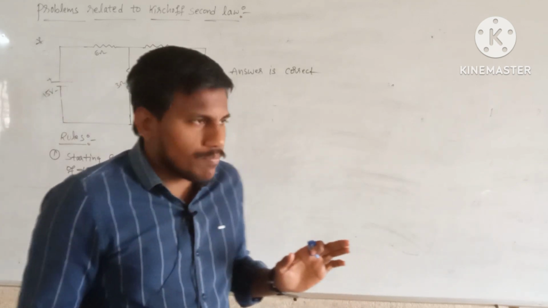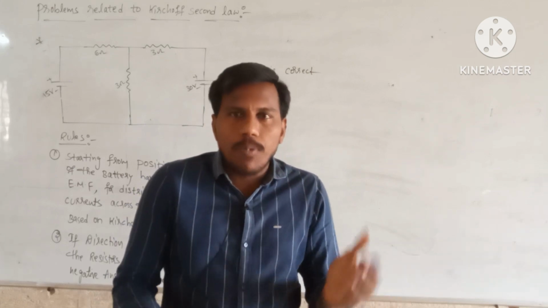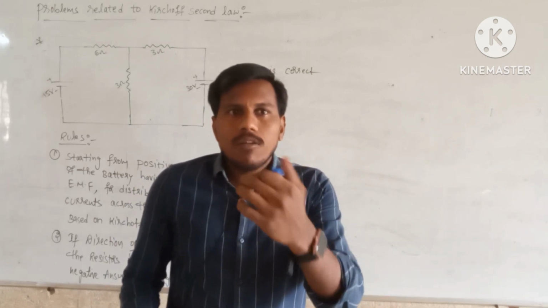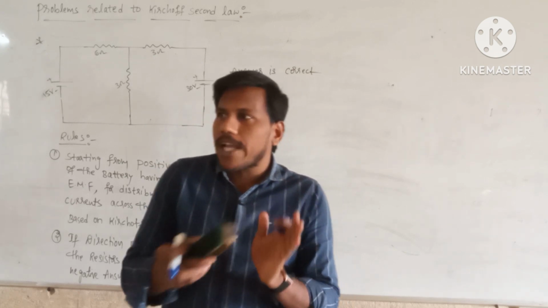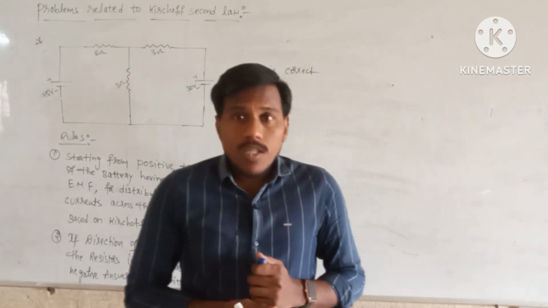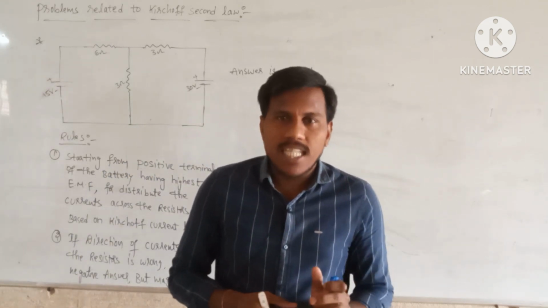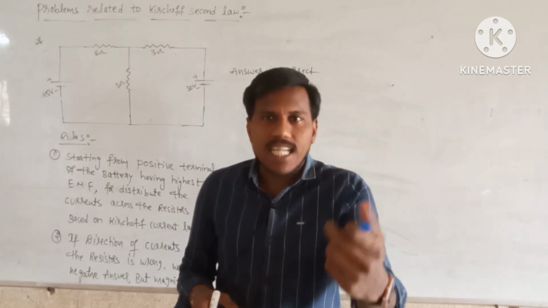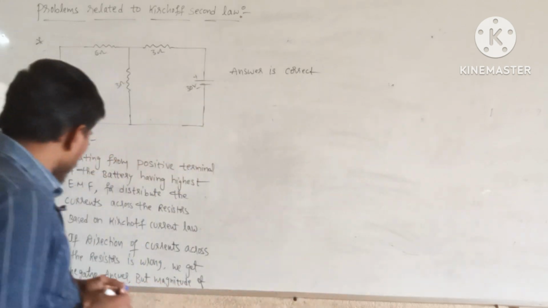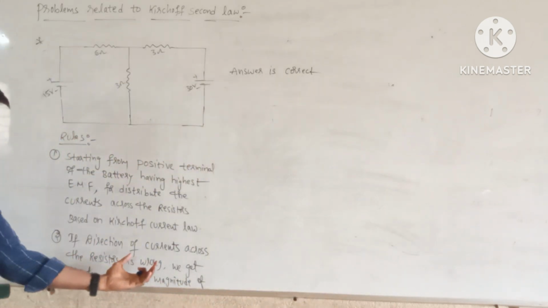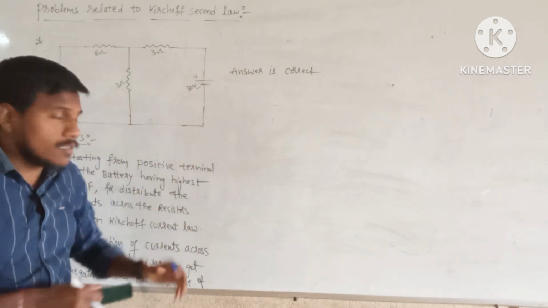For example, in one path 5 amperes current is flowing. If the direction of current is wrong in the given path, we get minus 5 amperes. If the direction of current is correct, we get plus 5 amperes.